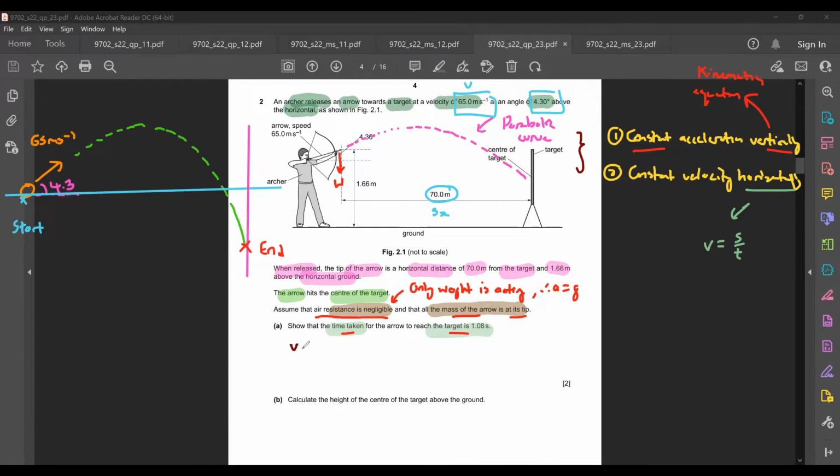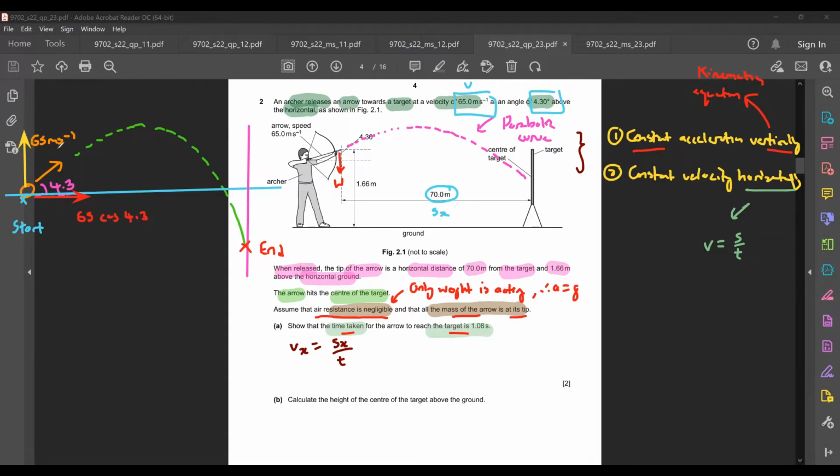So Vx equals Sx over t, your horizontal velocity, which you can resolve. Let me use a different color, red. If I'm talking about the horizontal velocity, because the velocity is adjacent to the angle, this will just be 65 cos 4.3.